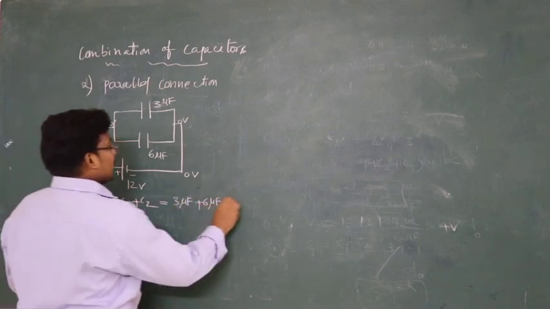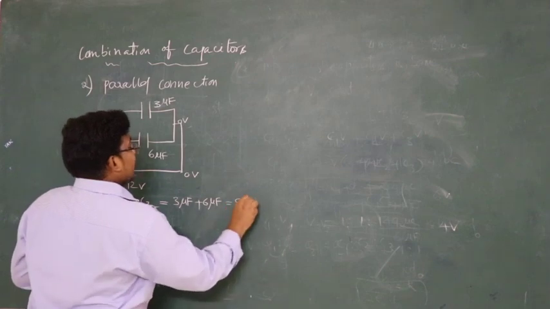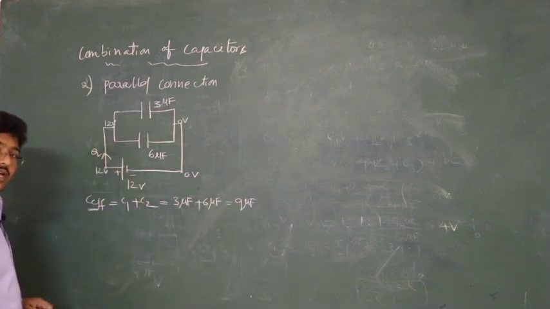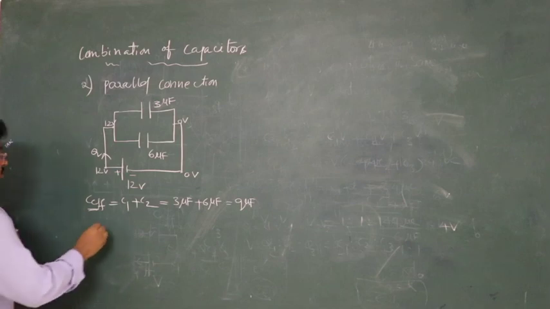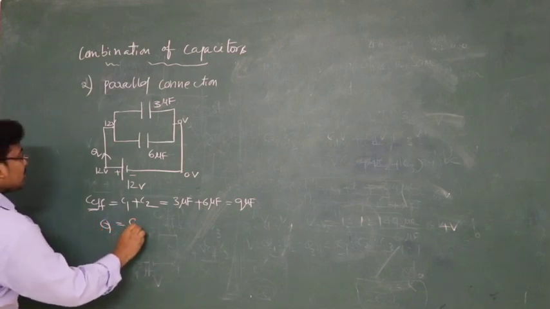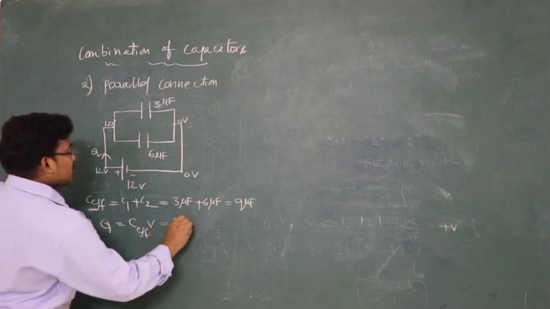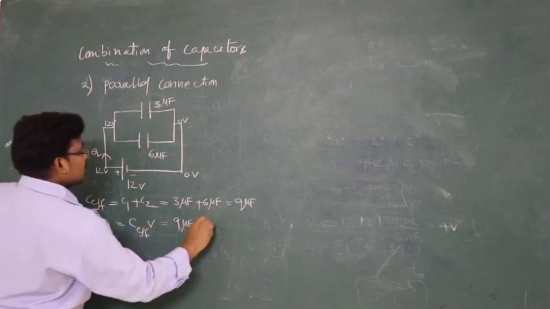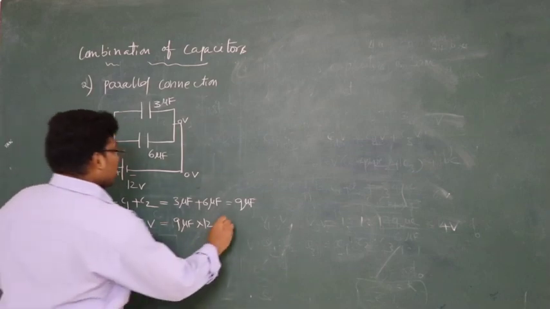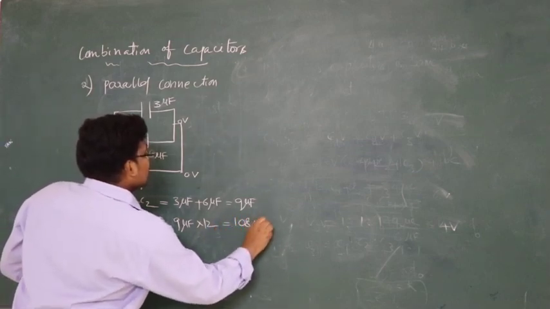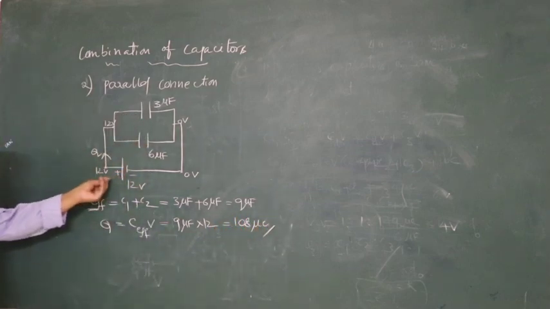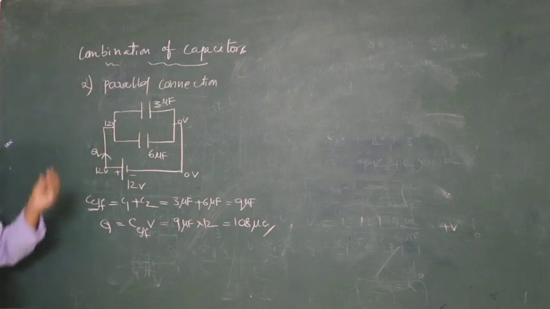Then automatically what is the effective capacitance? 9 microfarad. Now what charge will be drawn? Q is equal to C effective into V. So C effective is 9 micro into V is 12. 9 times 12 is 108. So you can say that 108 microcoulombs will come from the battery.